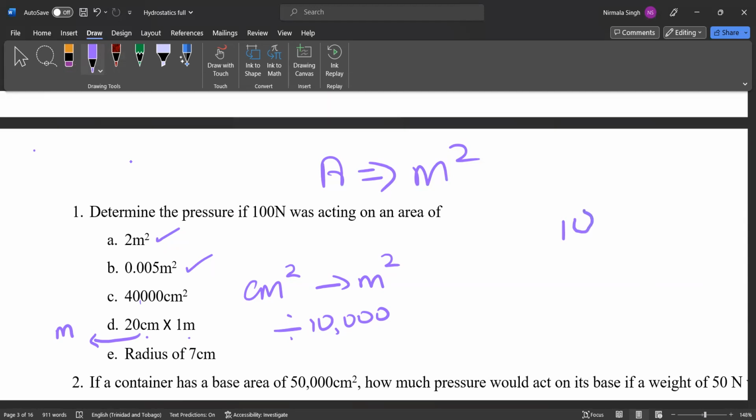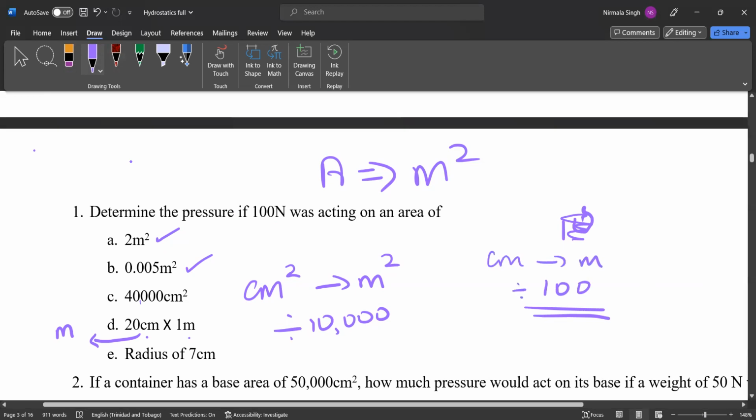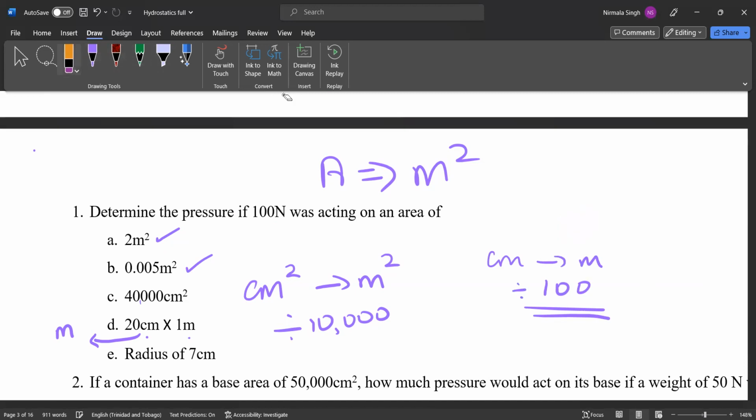We divide by 10,000? No, that's cm squared. 100. Right? You divide by 100. So cm to meters, you divide by 100. So you convert this to meters first, and then you move on.